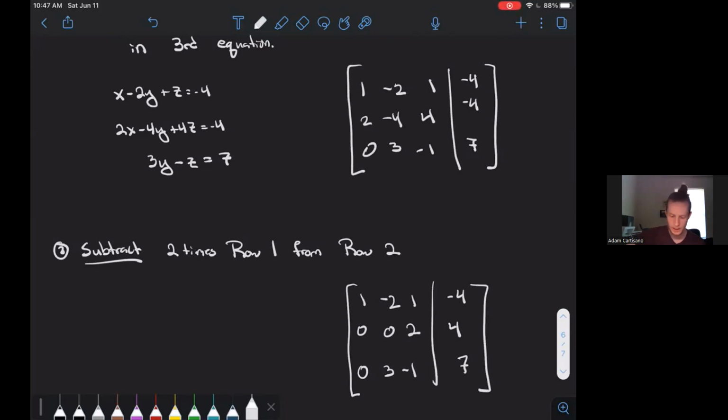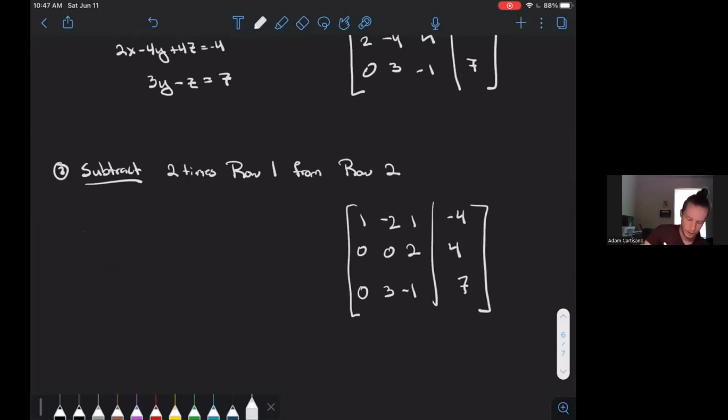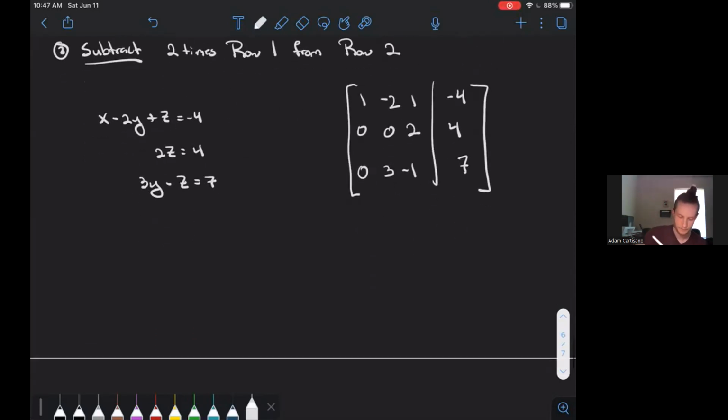In terms of a linear system, it looks like x minus 2y plus z equals -4, 2z equals 4, and 3y minus z equals 7. Notice this is very similar to the linear system we were talking about; it's just that the last two equations are switched. Well, let's just switch them.